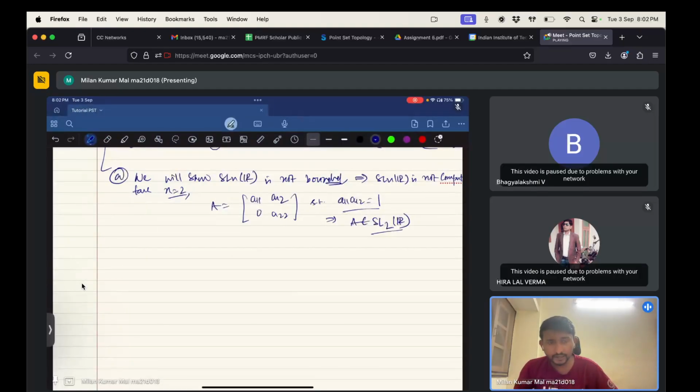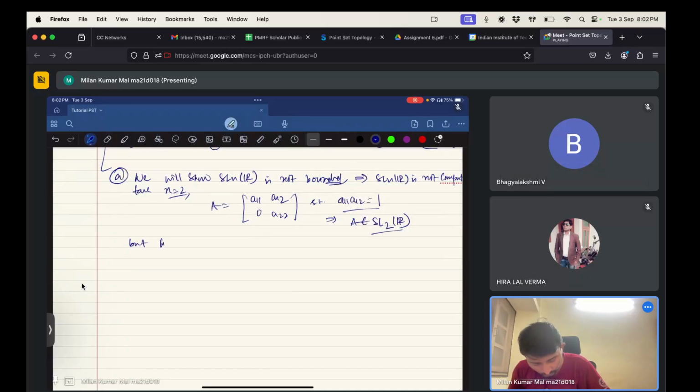Here the determinant is 1, but we can take a12 as large as we want.